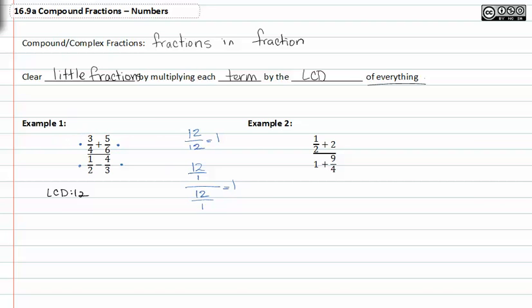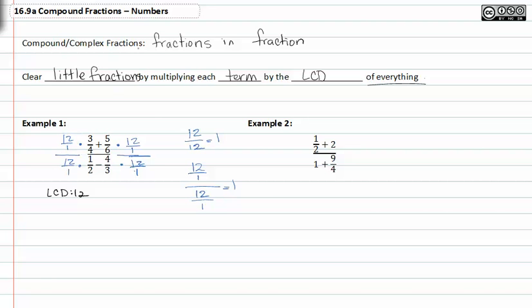So if I multiply by a funny looking fraction that's 12 over 1 divided by 12 over 1, and on the other side do the same thing, it looks really strange, but technically you're only multiplying by a 1.